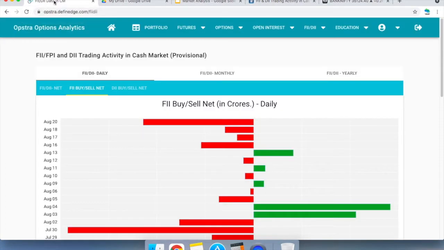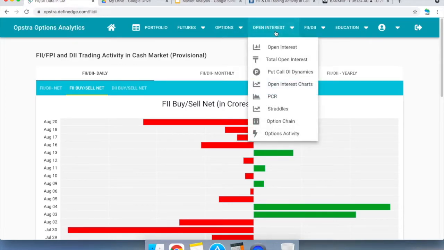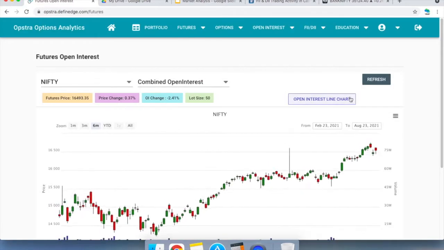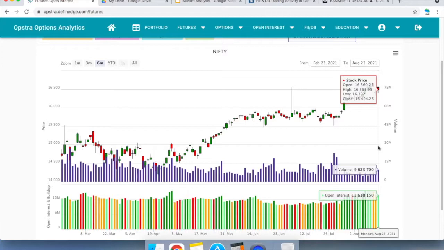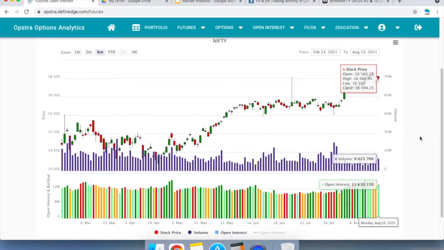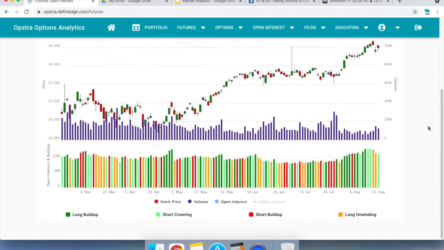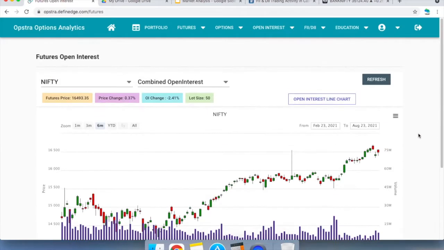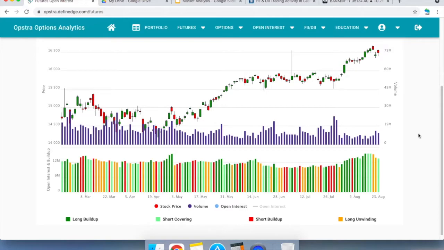Now we will have to look at what exactly happened in the market, the open interest, right? So I don't think the futures open interest data has come for today. Yes, it has come. So it's a short covering that happened today, right? That's what the data for the futures open interest in Nifty is showing. Short covering is slightly bullish, means it's bullish actually.